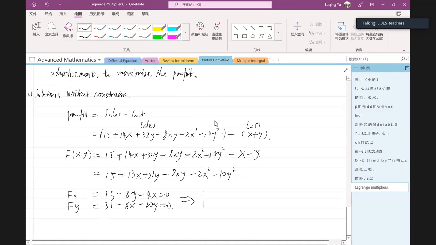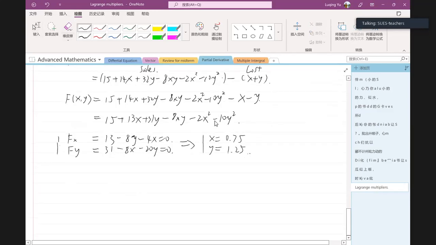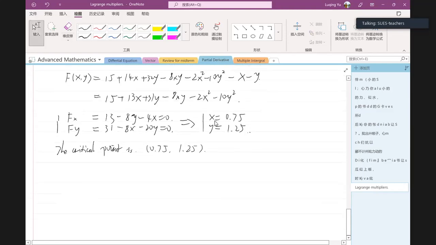Then we know that x is equal to 0.75 and y is equal to 1.25. So the critical point is 0.75 and 1.25.